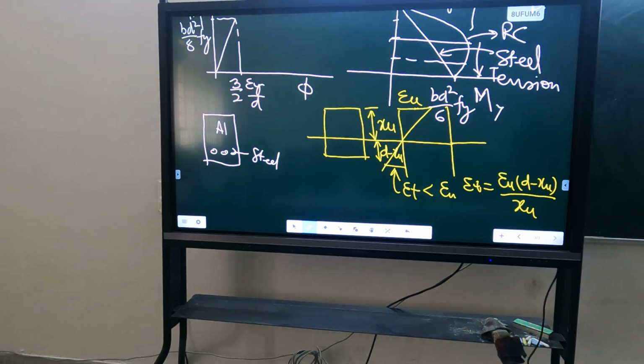Strain distribution I have given; corresponding to this strain distribution, plot the stress distribution. What is the stress distribution? Just the stress strain curve rotated at 90 degrees, isn't it? In the stress strain curve, the strain is increasing along the x-axis. Here the strain is increasing along the y-axis. So that curve is only to be rotated by 90 degrees. That's it.